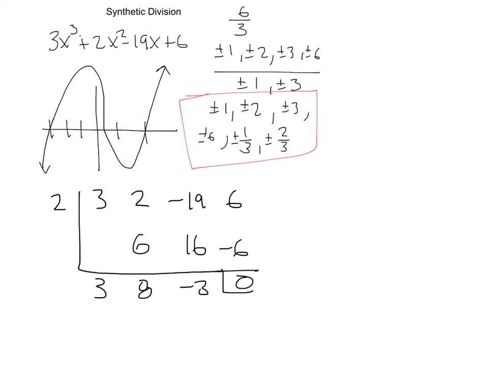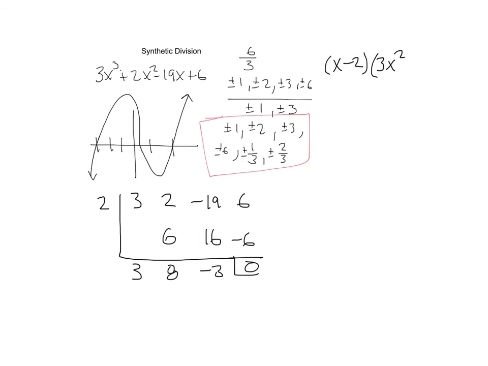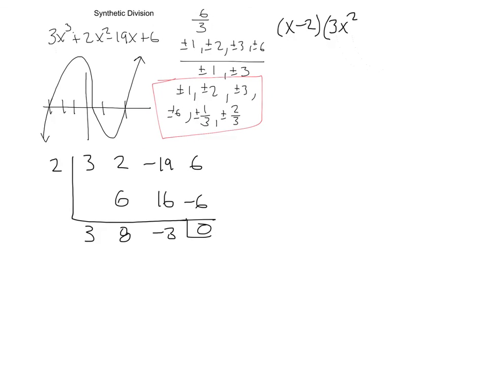So now what we have is x minus 2 times 3x squared plus 8x minus 3. If we're going to finish this out, we would need to factor what we have right here.